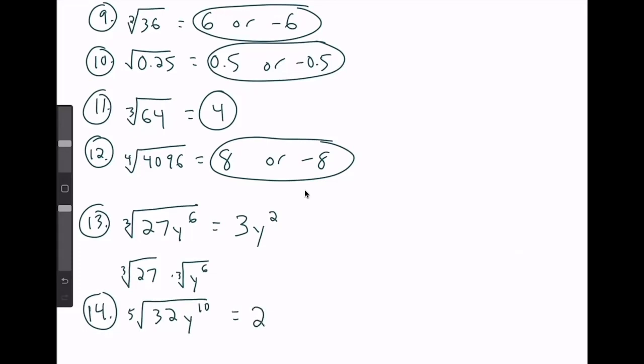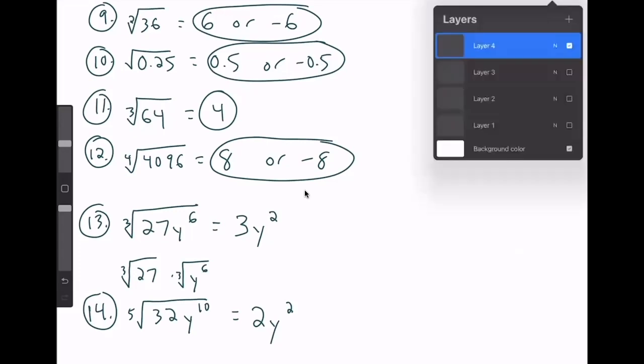And then 5 times what equals 10? It would be 2. Okay, so my answer is 2y squared. All right. Moving on from here.